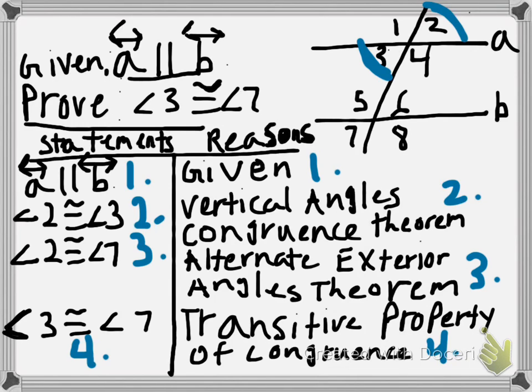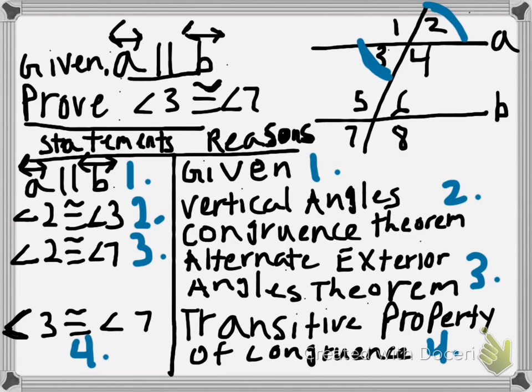congruence theorem. Now, what we're going to say is, since we know that line A is parallel to line B, we can say that angle 2 is congruent to angle 7. Why, you may ask? It's due to the alternate exterior angles theorem. So 2 is congruent to 7.